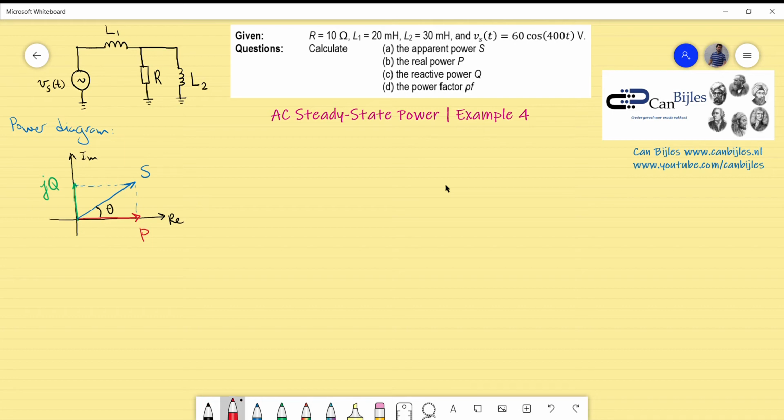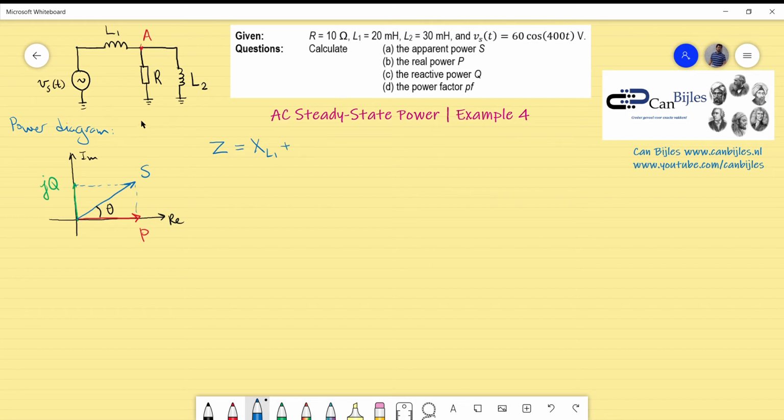Okay, let's again look at the total impedance. First I will denote this node here as point A. So the impedance I'm looking at is the following: Z is equal to the reactance of L1, XL1, plus the impedance seen at point A downwards.